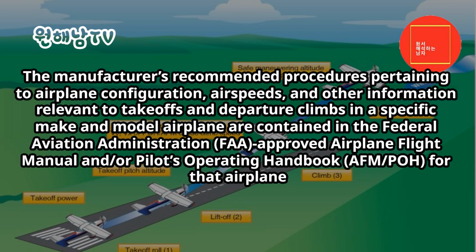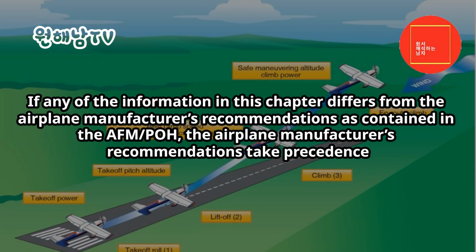The manufacturer's recommended procedures pertaining to airplane configuration, airspeeds, and other information relevant to takeoffs and departure climbs in a specific make and model airplane are contained in the Federal Aviation Administration (FAA)-approved Airplane Flight Manual and/or Pilot's Operating Handbook (AFM/POH) for that airplane. If any of the information in this chapter differs from the airplane manufacturer's recommendations as contained in the AFM/POH, the airplane manufacturer's recommendations take precedence.